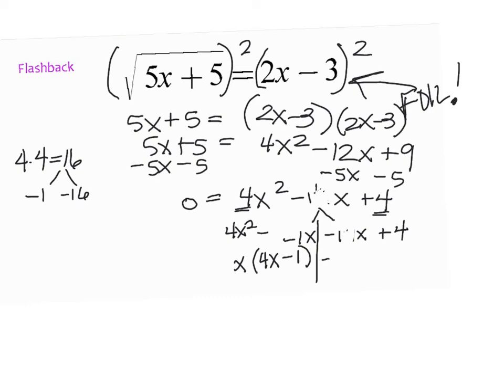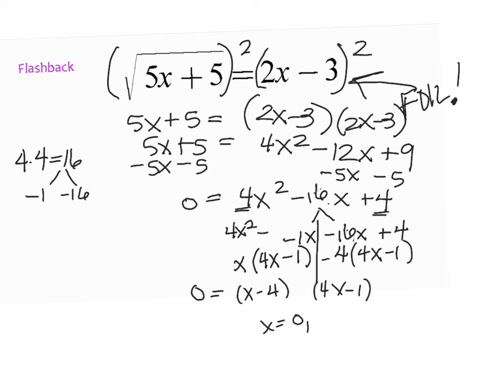All right, so minus 1 and minus 16. If I take a 4 out of here, I'm left with 4x minus 1. So my two factors are x minus 4 and 4x minus 1. That means my x's equal 4 and 1/4.